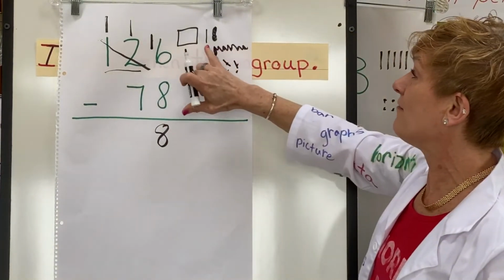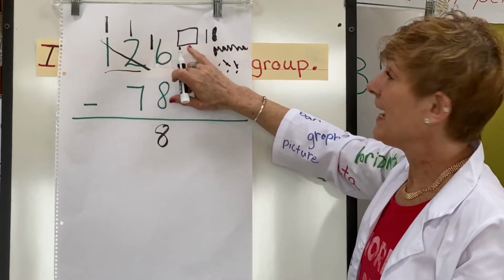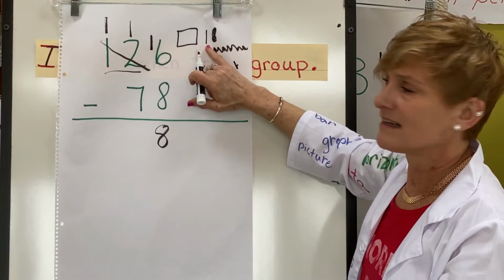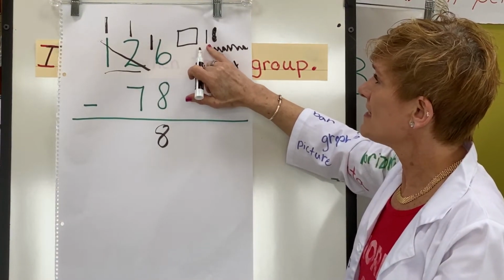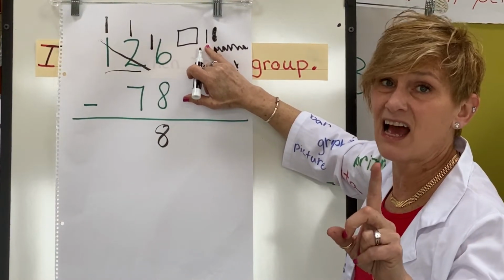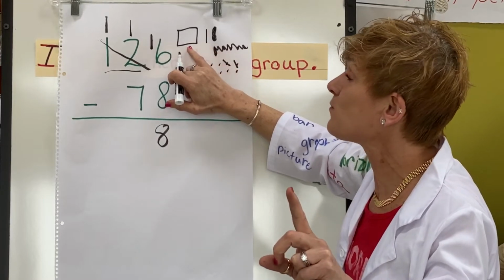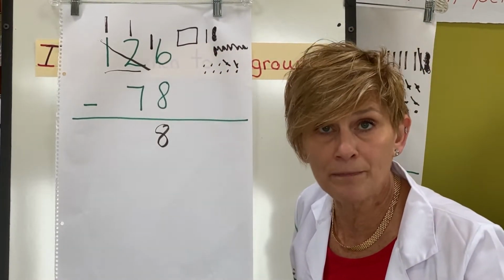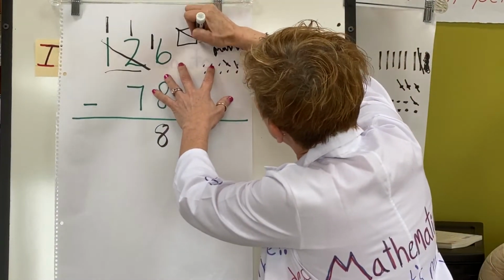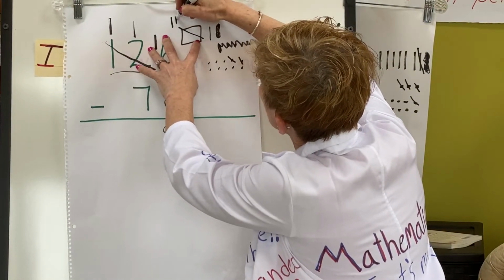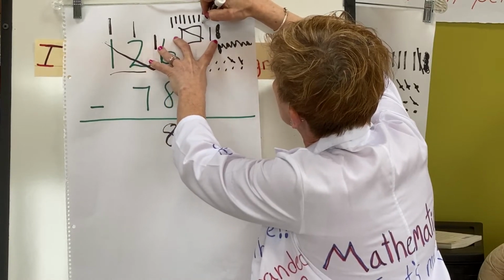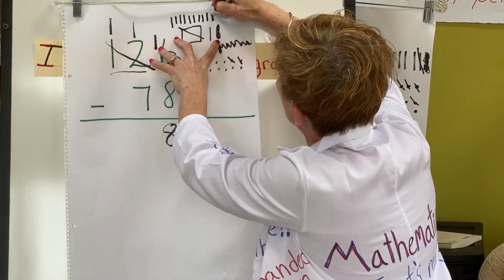And now I have this 100 and this 10. Sometimes people are like, but wait a minute, Mrs. Seitz, I can't get 7 tens out of that 110. I know, friends. This 100 has 10 tens. Ungroup it. 10, 20, 30, 40, 50, 60, 70, 80, 90, 100.